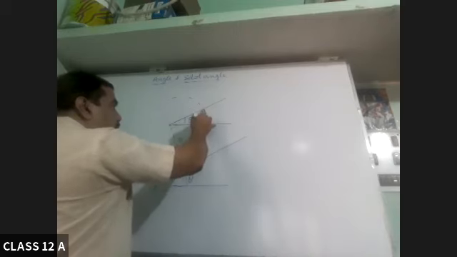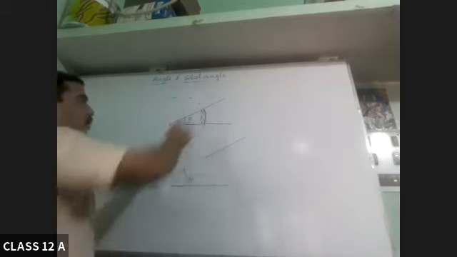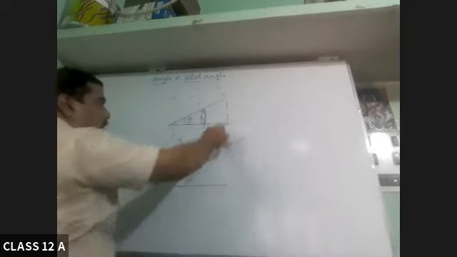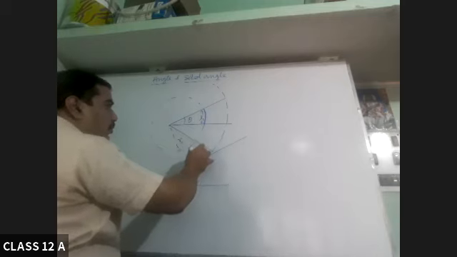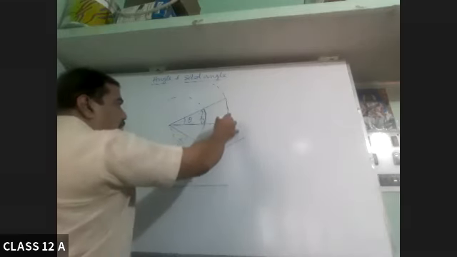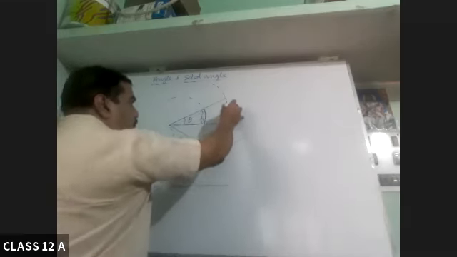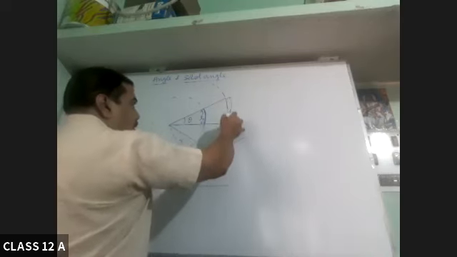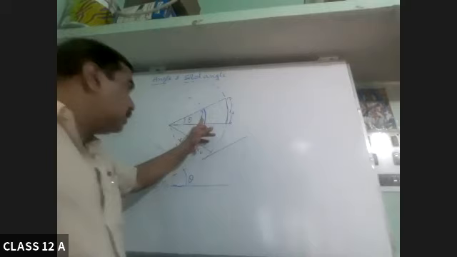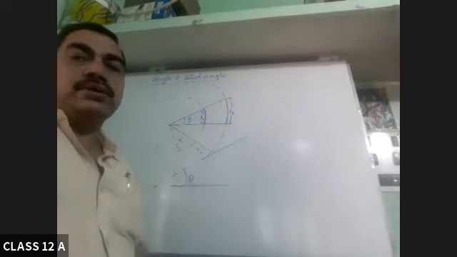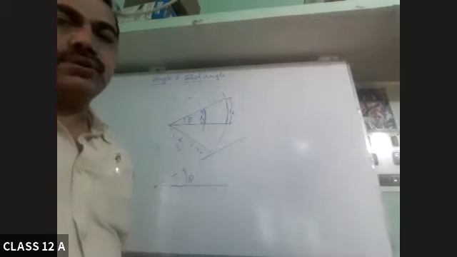Suppose this is L1 and this radius is R1. If you consider another circle of radius R2, and suppose this length of arc is L2, then we will observe the ratio of the length of arc and radius is always constant.